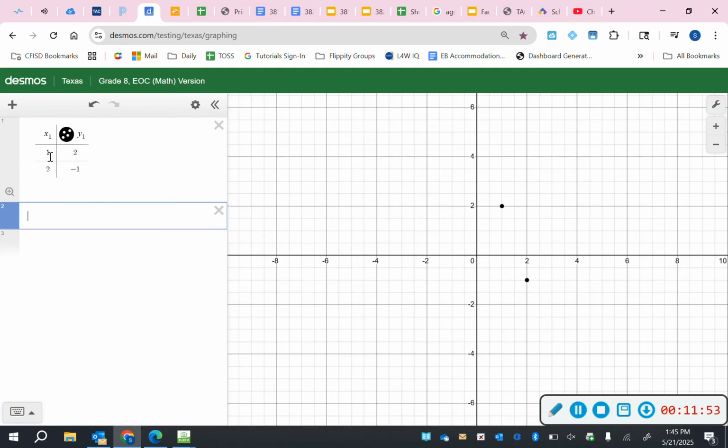And we'll plug in answer choice A, which, instead of f of x, I'll put y equals, saves me some time. 3 parentheses x minus 1 squared plus 2. Okay, so this one definitely has a vertex at (1, 2), but it does not go through the point (2, -1).